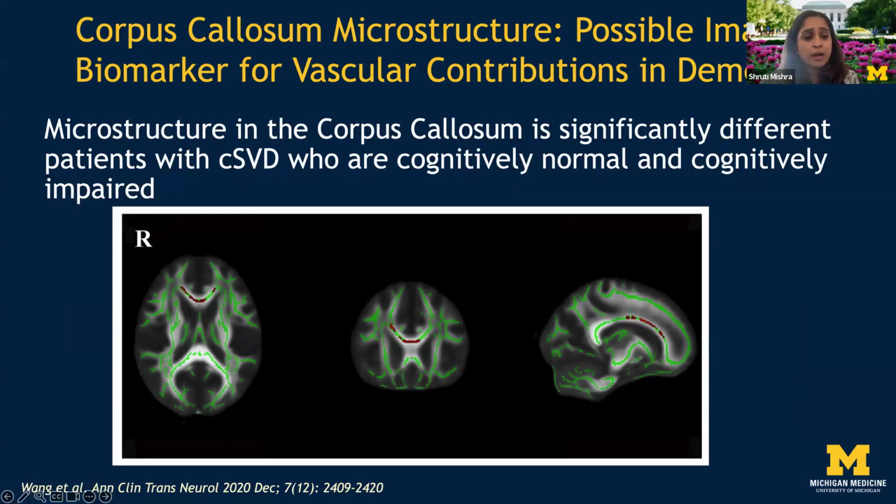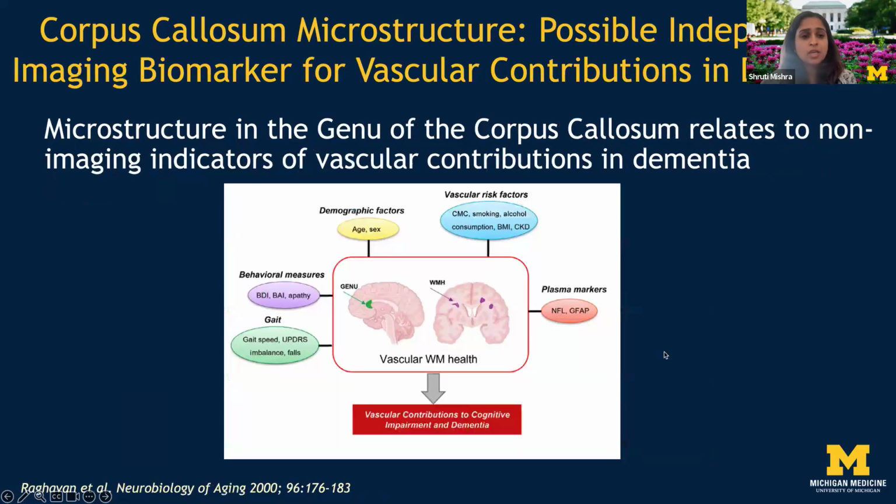And they found, when they compared patients who had evidence of moderate or severe white matter lesions who were cognitively normal versus who had some cognitive impairment, when they looked at microstructure changes in white matter tracts, that the differences in microstructure localized to the corpus callosum, as evidenced by these red voxels in the expected area of the genu and body, in the more anterior portion of the corpus callosum. And then microstructure in the genu of the corpus callosum.